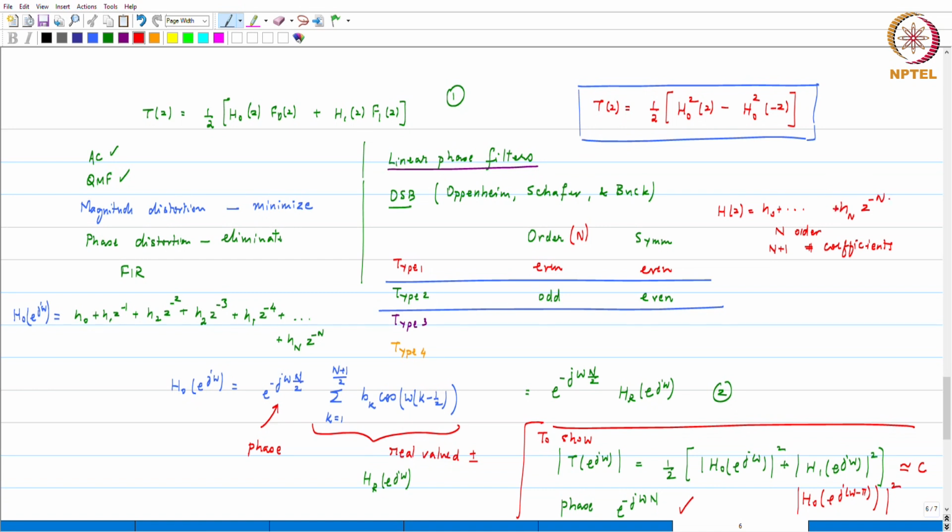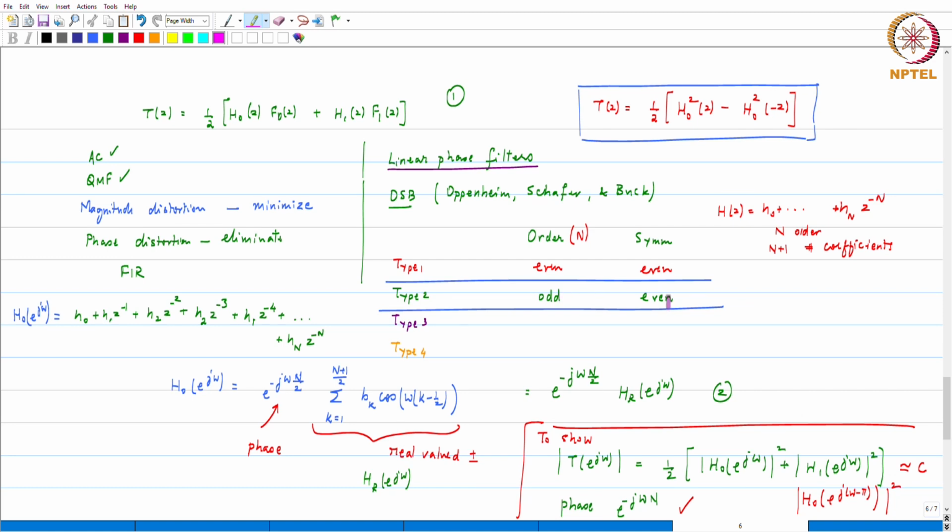Notice that the filter order is indicated by the highest power of Z, and the coefficients H naught to Hn give us a total of n plus 1 coefficients. Type 1 linear phase filters have even order and even symmetry. Type 2 linear phase filters have odd order and even symmetry.